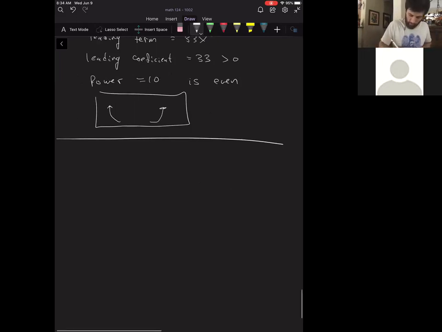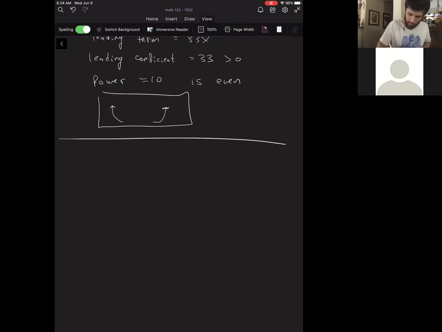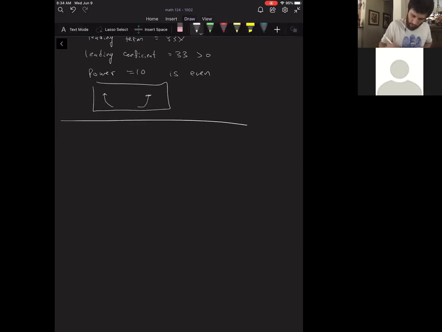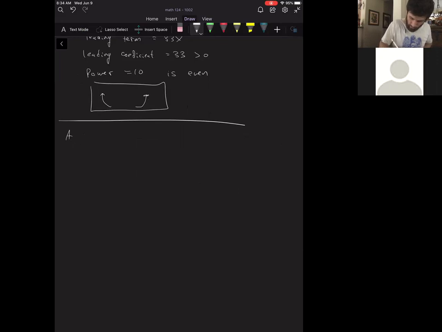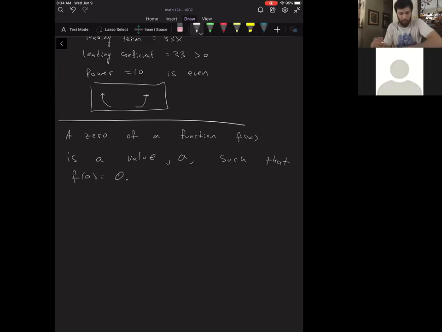We can say a zero of a function f of x is a value, let's call it a, such that f of a is equal to 0. So it's a number that we plug in and we get 0.